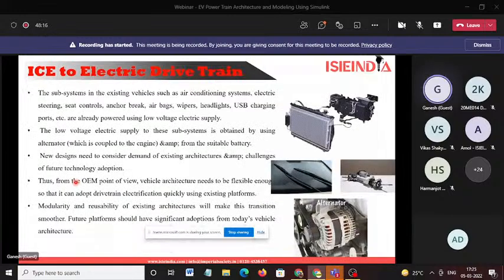From the OEM point of view, vehicle architectures need to be flexible enough in adapting the electric drivetrain quickly using existing platforms. As I said, we no need to do more research on suspension, your seating system, your door panels or your body components.